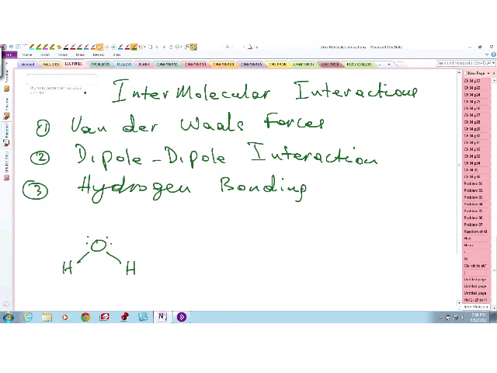So you have another molecule of water here. This hydrogen here is hydrogen bonded to this non-bonding pair of electrons. Keep in mind, this is not a covalent bond, but it is strong enough to impact the physical property of these molecules.